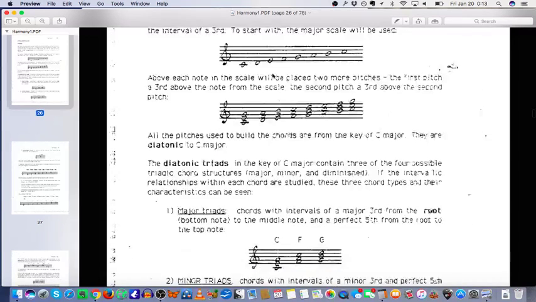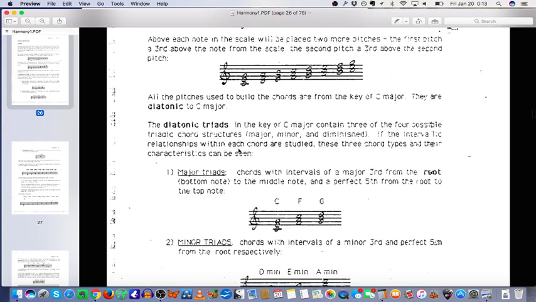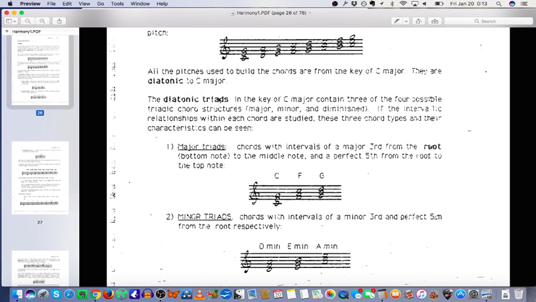I don't know if they define diatonic yet, but diatonic means all of the notes are from the same scale without any added accidentals or sharps or flats or alterations. So that's what diatonic means.